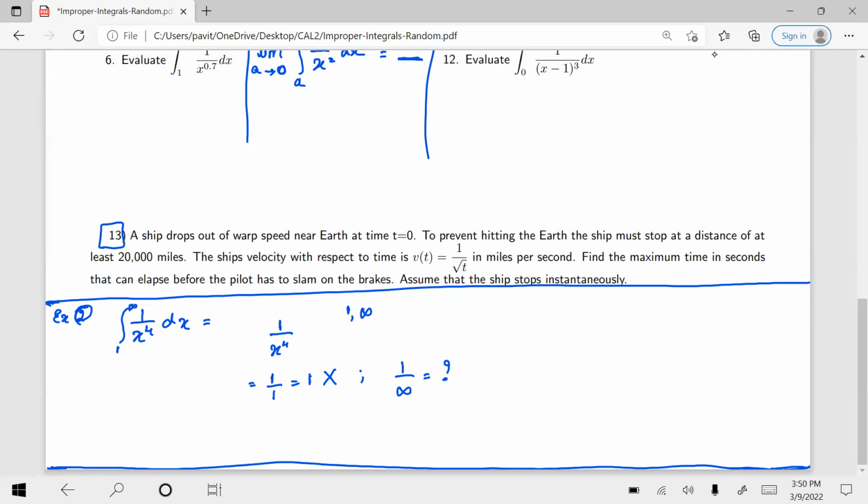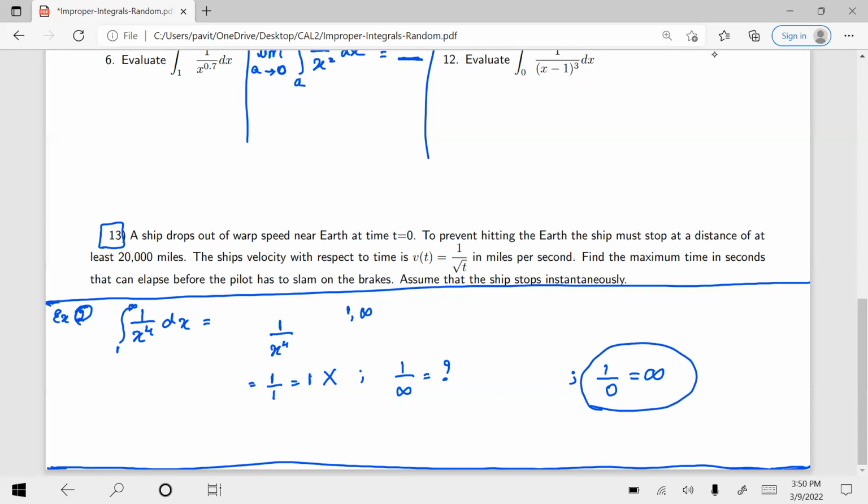So in the previous example, we saw that 1 over 0 is infinity. Then what is 1 over infinity? The answer is here.